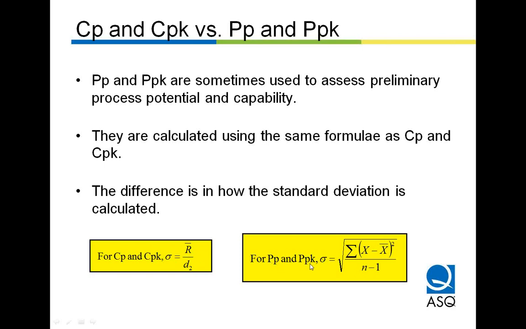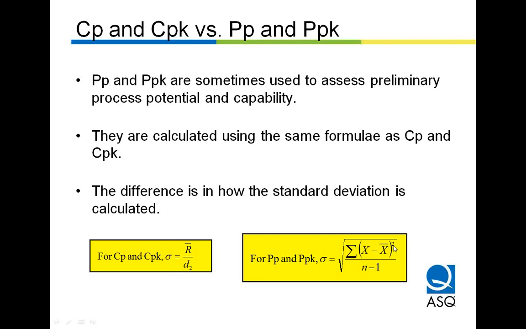And for PP and PPK, it takes all of the data, each of the individual x's, and that difference from the mean. Well, if we added all of these values together, it'd give us 0.